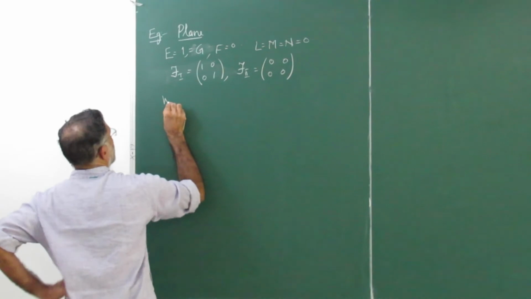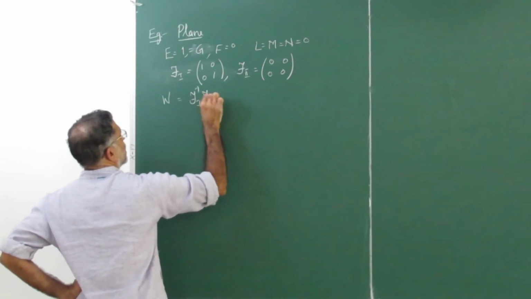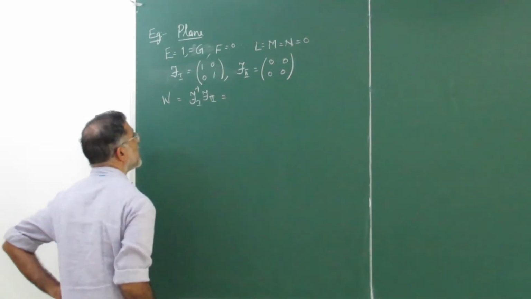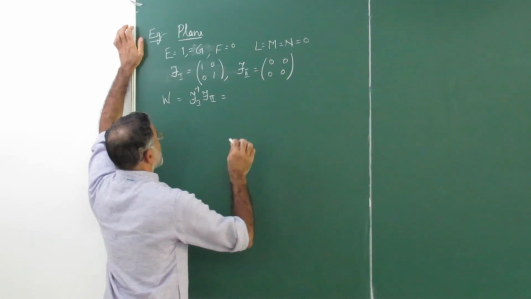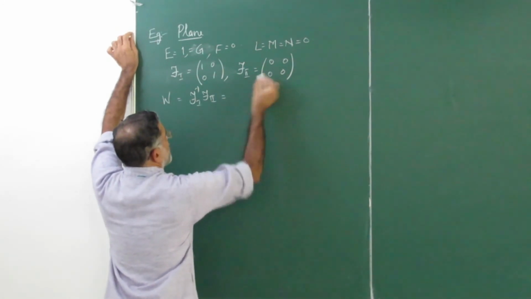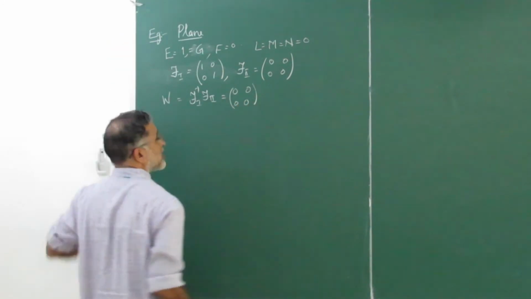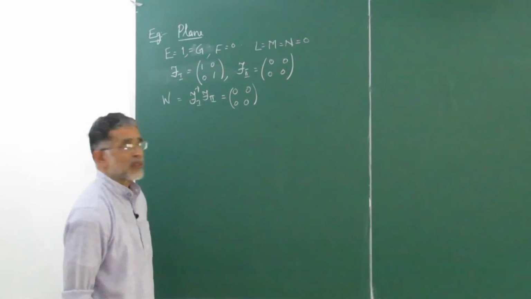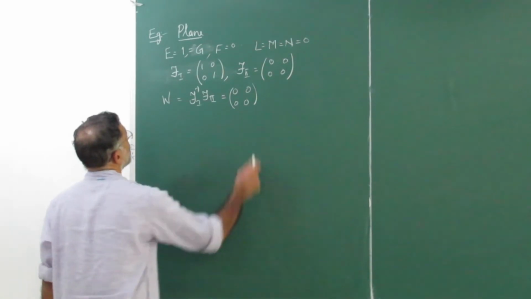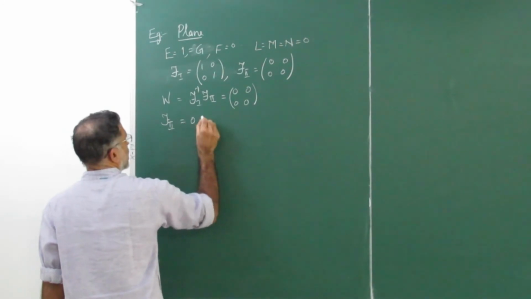So what is W? W is F1 inverse F2, that's the shape operator with respect to whatever the standard thing that we have given, but in this case the product is going to be 0, 0. So it's irrelevant, and in this case eigenvalues are going to be 0, 0, there is nothing you get, and your F2 is 0 times F1.